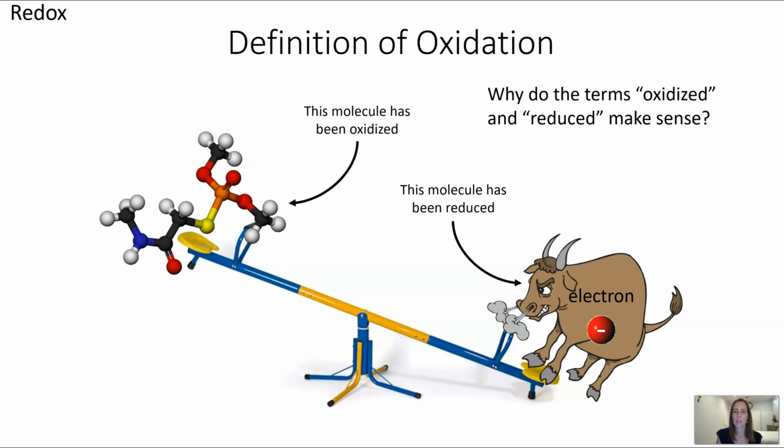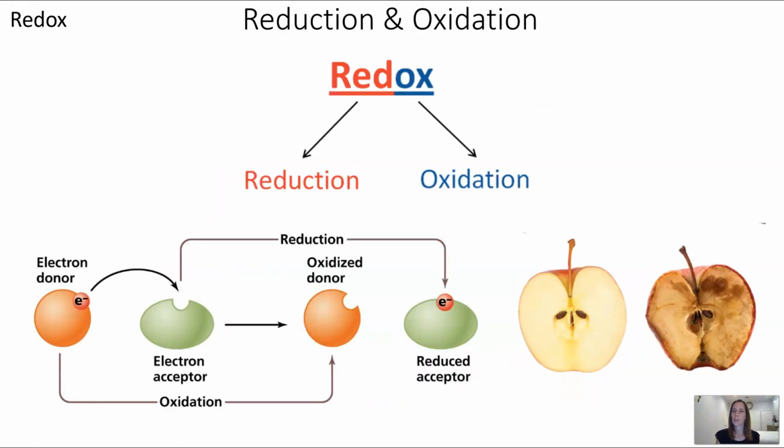The molecule that has been reduced makes sense because it's gaining an electron. Remember that electrons have a negative charge, so if it's gaining control of electrons, its overall charge or partial charge becomes lower. So the term redox comes from a combination of the term reduction and the term oxidation.